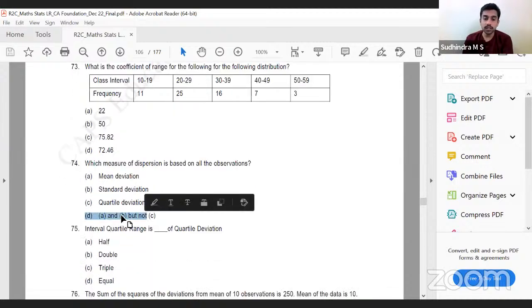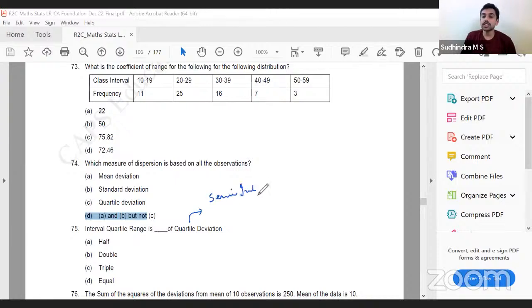Next question. This is interesting. Interquartile range is dash of quartile deviation. Double, yes. Now, we have discussed quartile deviation is the semi-interquartile range.